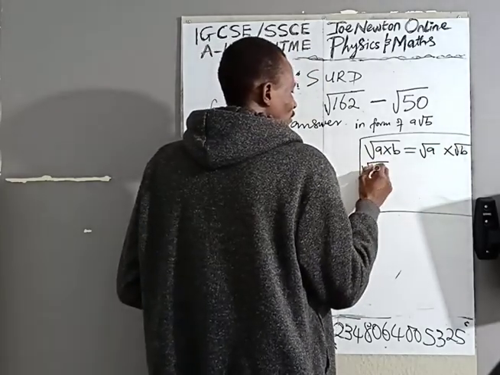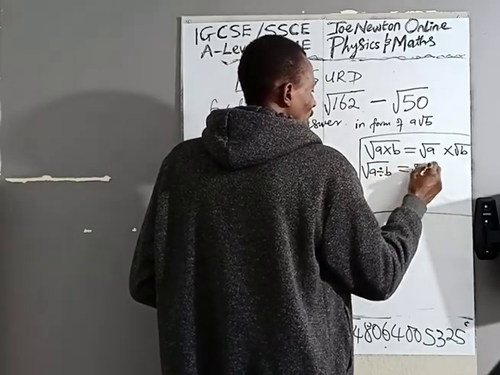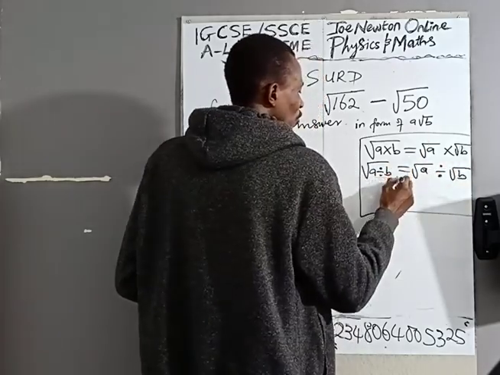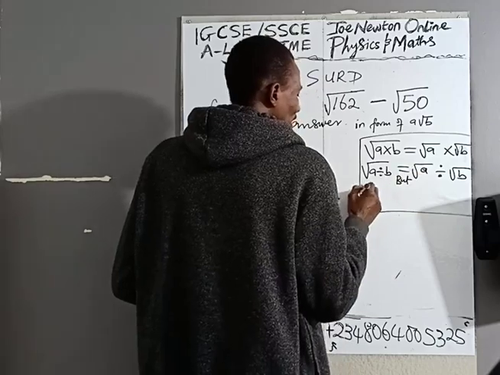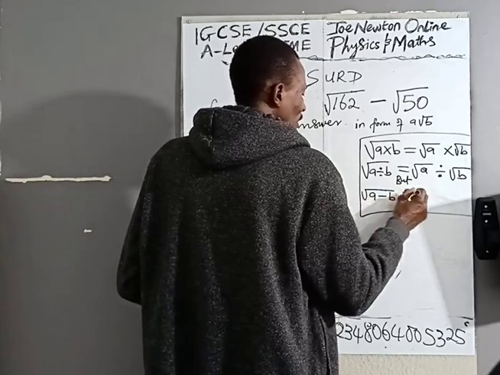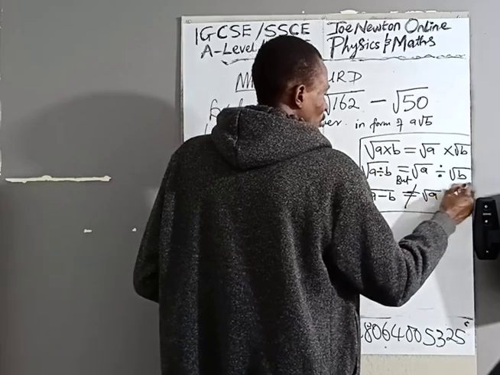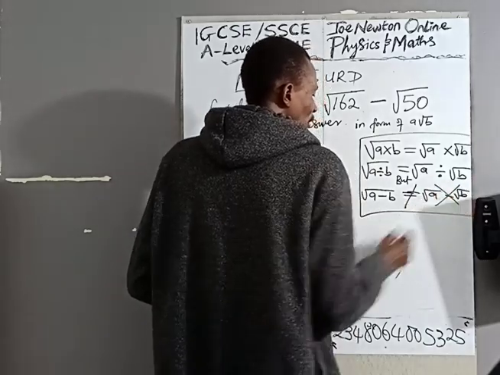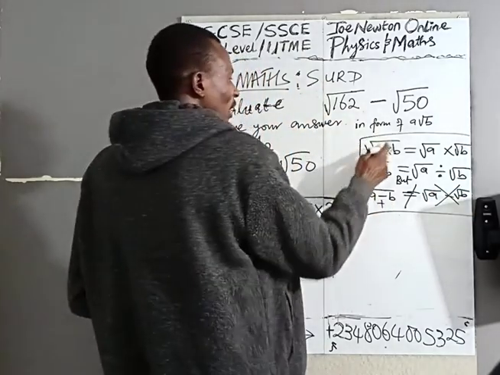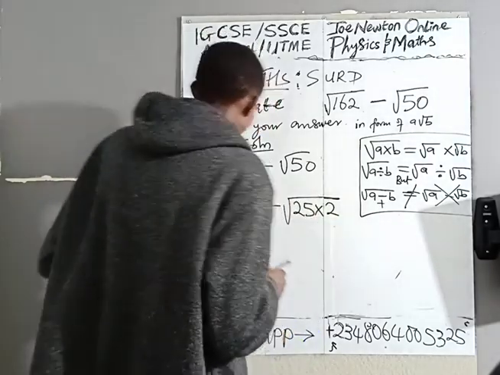Also, if I have surd A divided by B, you can separate them to surd A divided by surd B. But note, if I have surd A minus B, this is not equal to surd A minus surd B. It doesn't work for minus or plus. It only works for multiplication and division of surds. You can separate them. Okay?